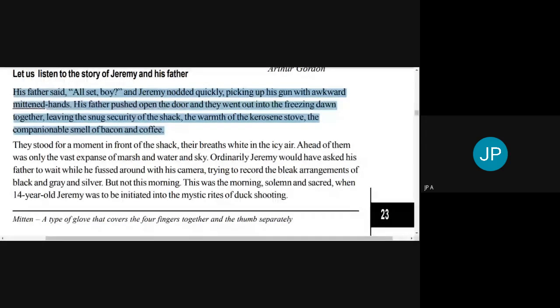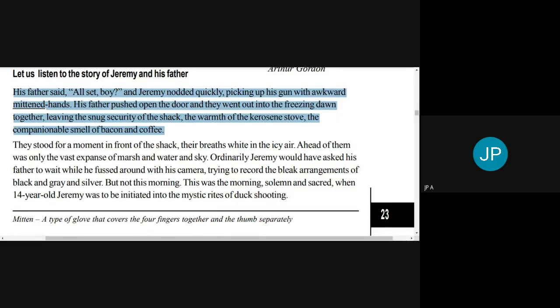And it is very comfortable inside because there is the warmth of the stove, the kerosene stove. And there is also the companionable smell. Companionable means something which makes you feel happy. Companion is a friend. You always like the smell of good food, isn't it? So here he could smell the bacon. Bacon is a kind of meat, and coffee.